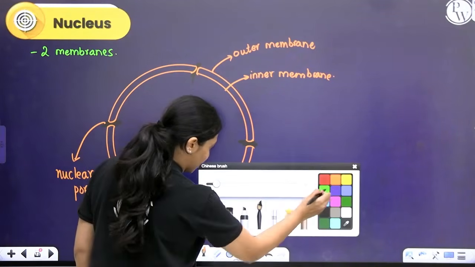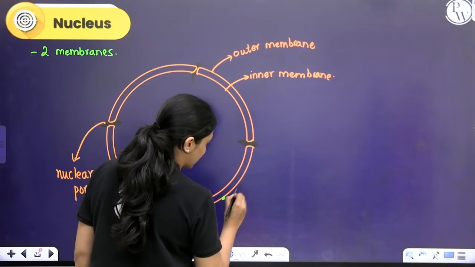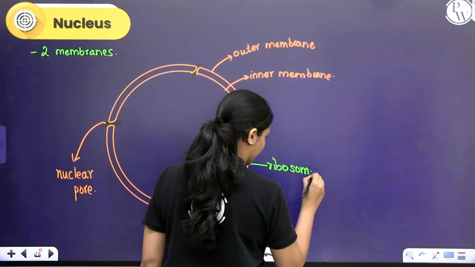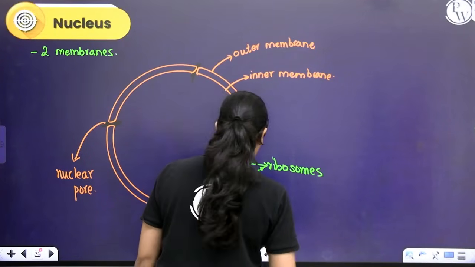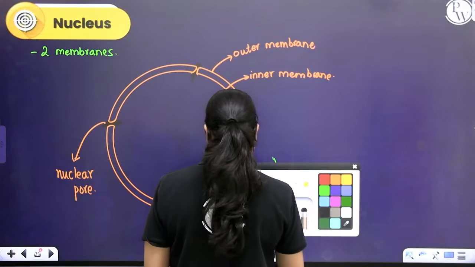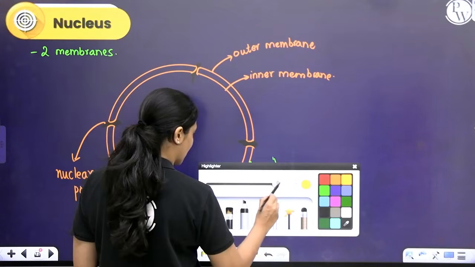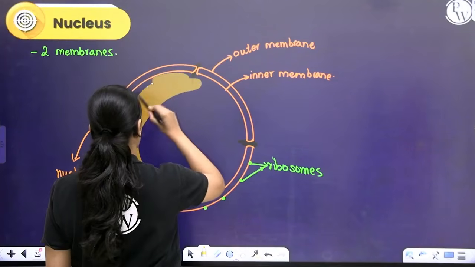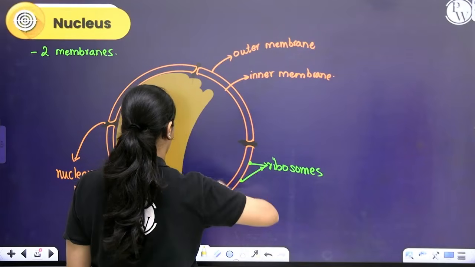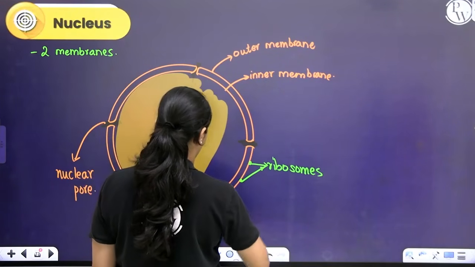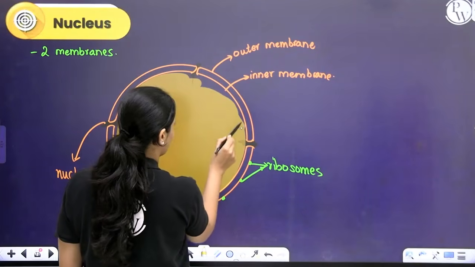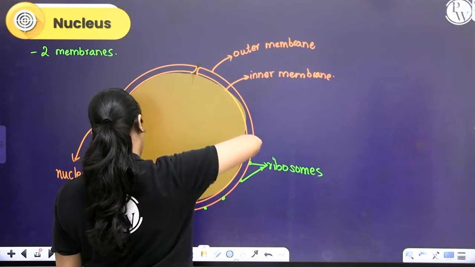On the outer membrane, ribosomes may be present. Within the inner membrane, inside the nucleus, you have nucleoplasm. So this is the fluid matrix that is present within the nuclear membrane.